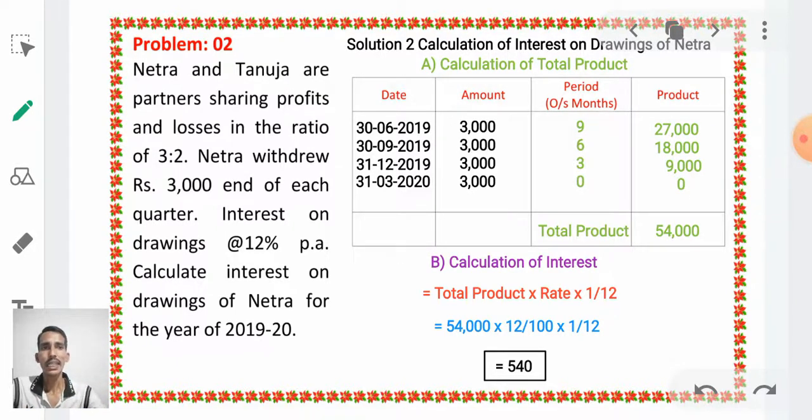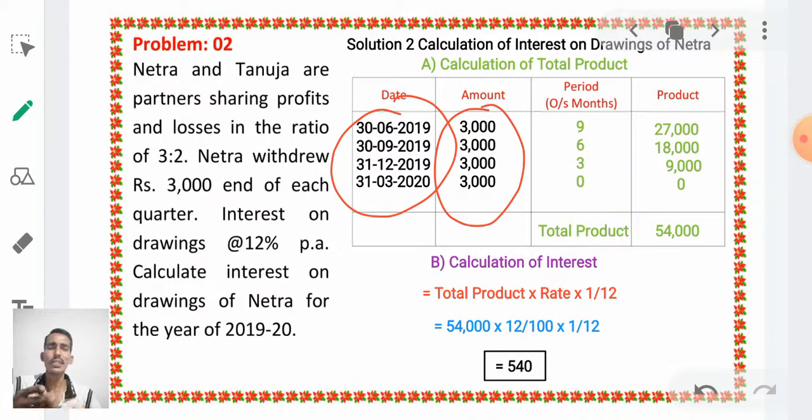In the next video I will discuss the third method, when varying amounts are withdrawn at different intervals. Here it is given as a fixed amount. Fixed amount means 3000, 3000, 3000, 3000, right? And here fixed quarterly means each drawing has a 3 month gap. But in the next problem, once the partner withdraws 3000, next maybe he withdraws 4000, next maybe 1000, next maybe 5000.